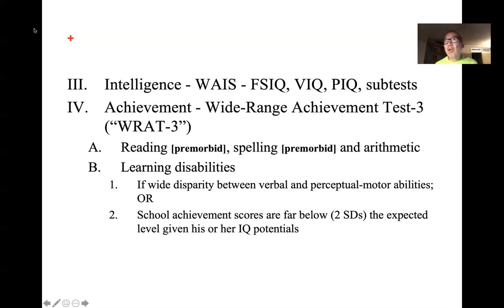And the one that's most common is the Wide Range Achievement Test, yeah. Otherwise affectionately referred to as the WRAT. It's currently in its third version, and it has tests for reading, spelling, and arithmetic. So aside from a specific overall ability and specific cognitive functions, you really get a sense of the person's functioning with specific academic abilities.